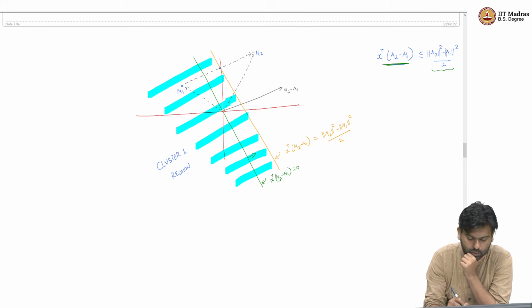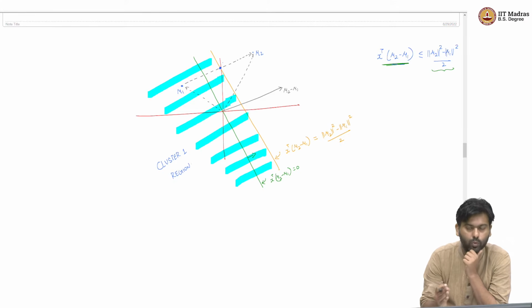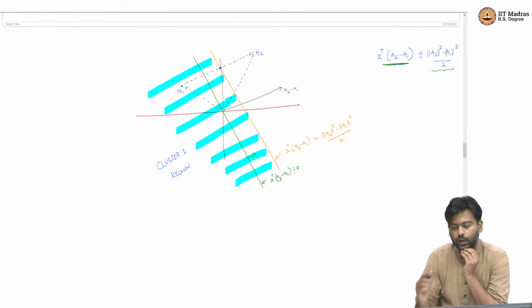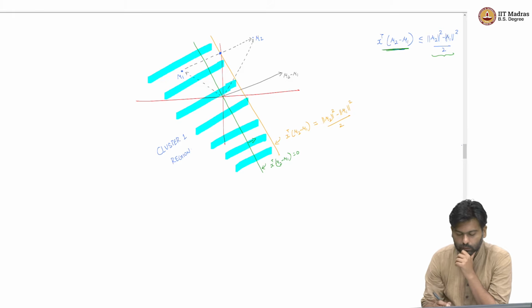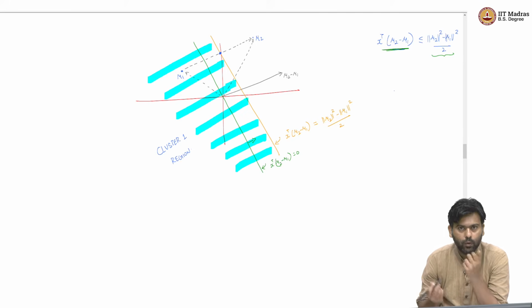Now, we can also ask, well, how much did I move to the right, right? So, I did move the green line parallelly to the right. So, how much did I move? Well, can we find a point which satisfies this equation? Then we will know, right? So, one point that satisfies this equation is to take x equals (mu1 plus mu2) by 2, which is the average of the means.